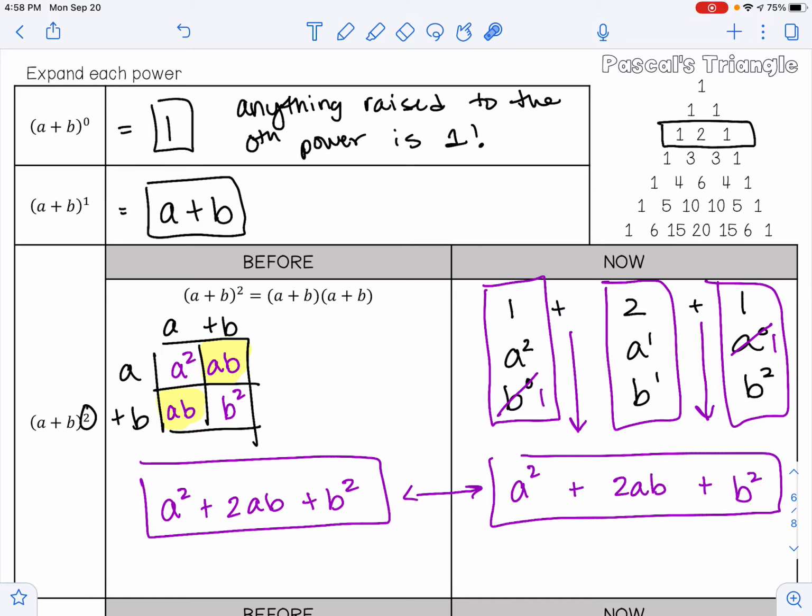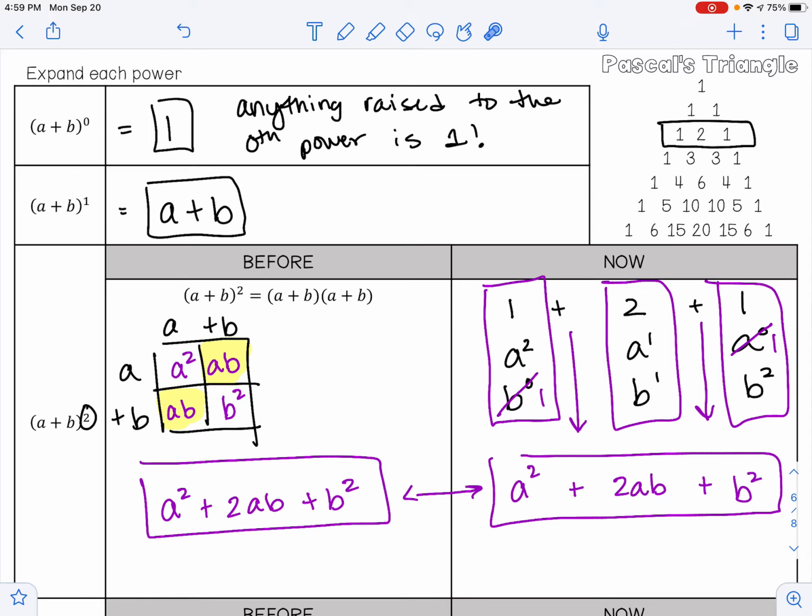How many ways were there to get ab? Well, I could have done a times b to get ab, and I could have also done b times a to get ab. So there are 2 ways to get ab. So that's why that coefficient is 2, because there were 2 ways on how to get it.